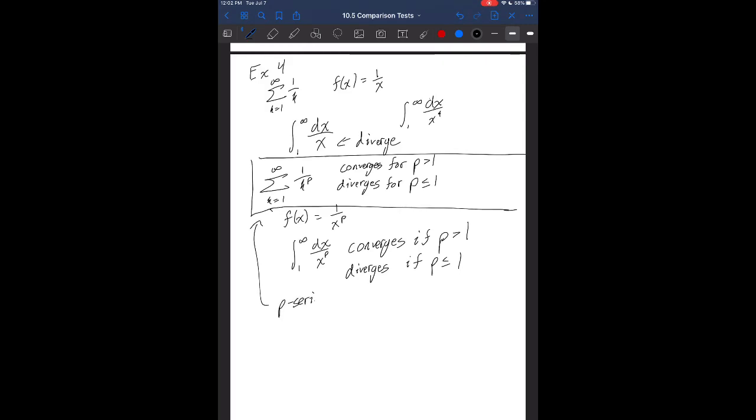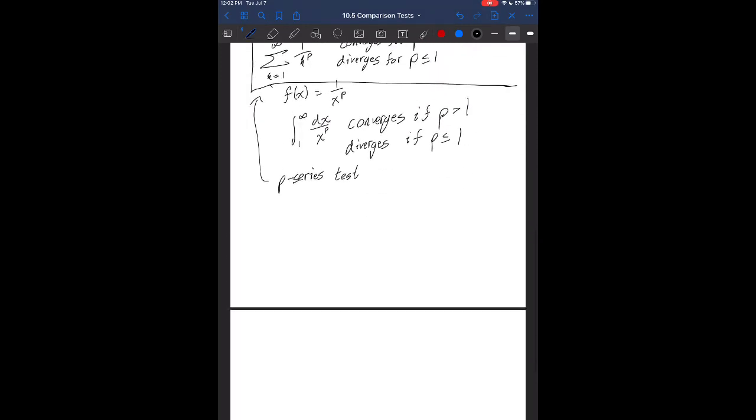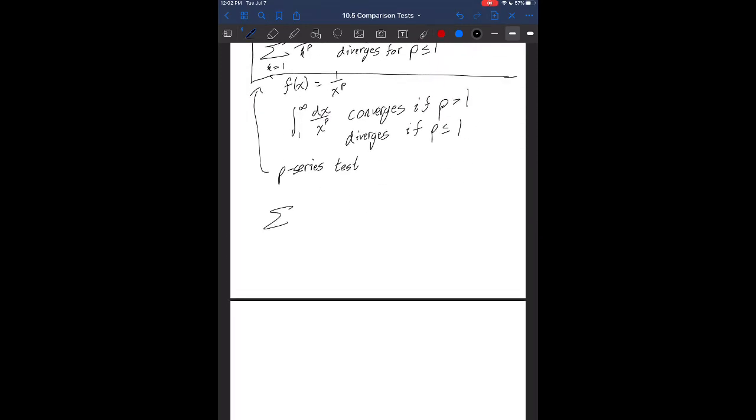And this is known as the p-series test. It's a series that comes up a lot, very similar to the geometric series, but now it's the base of my exponent changing instead of the exponent itself.